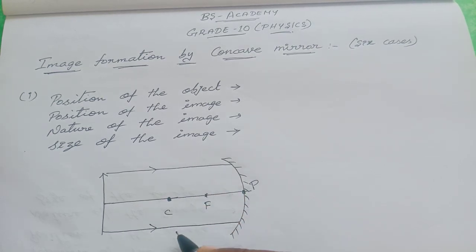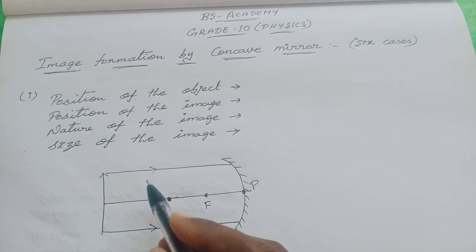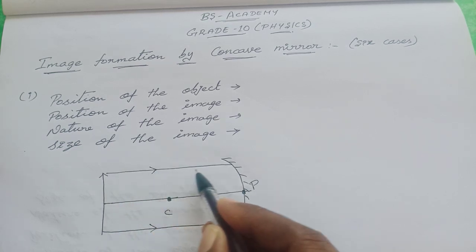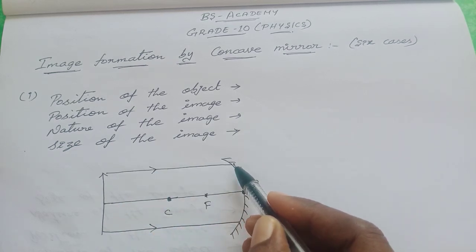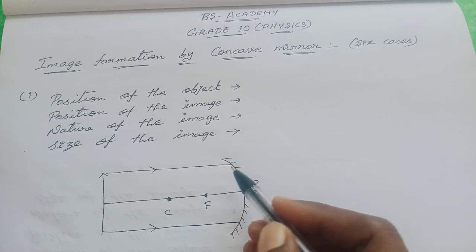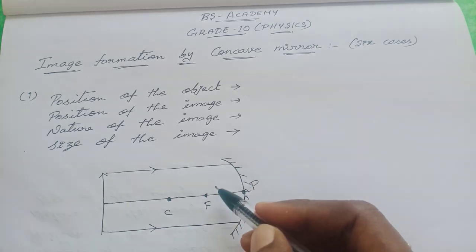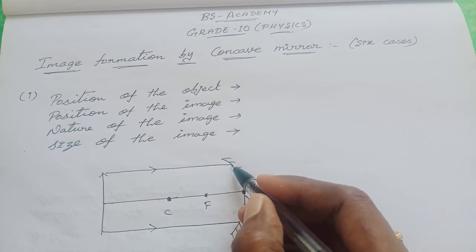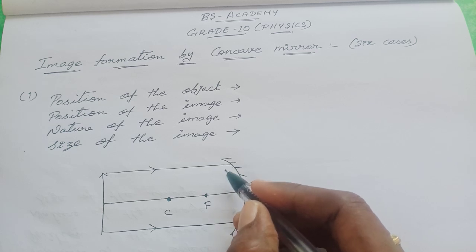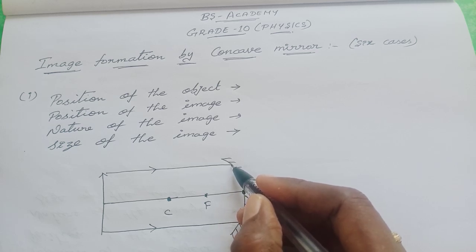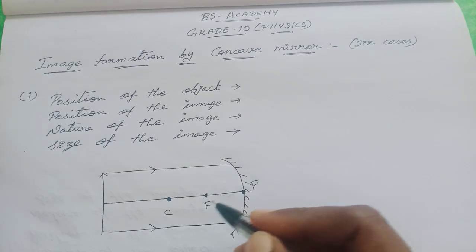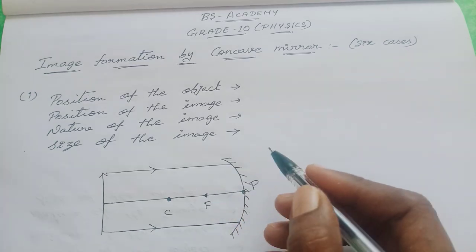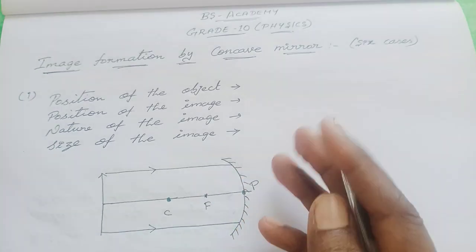This incident ray is falling on the reflecting surface of the concave mirror. We know it gets reflected, and when it is reflecting, it has to pass through some particular path. To find the path in which this reflected ray is going to move, we have to recall the rules. We have studied 4 rules, no?